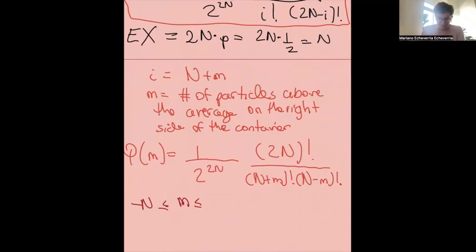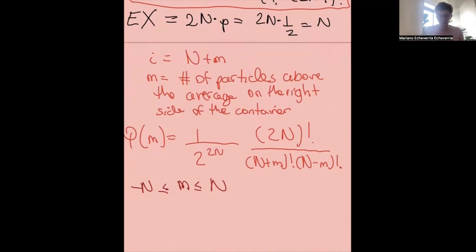If m equals n, all the particles are on the right side of the container. If m equals minus n, all the particles are on the left side. So n plus m is the total number of particles on the right side of the container.